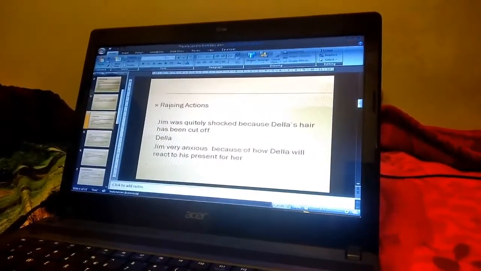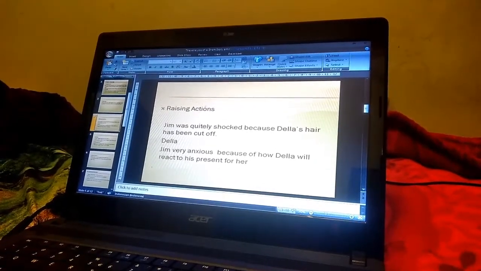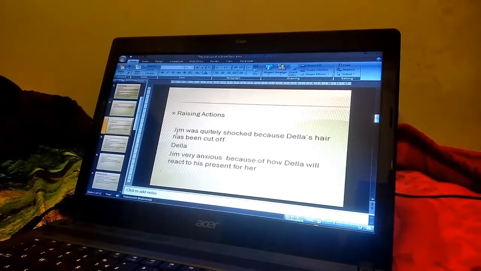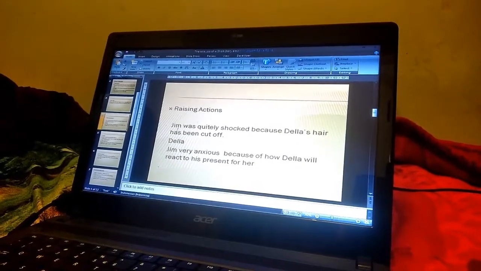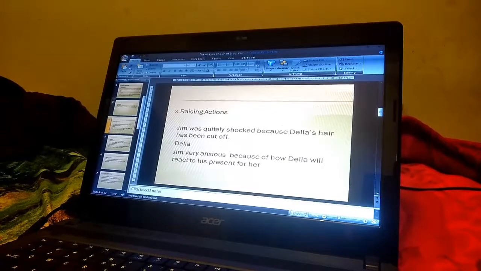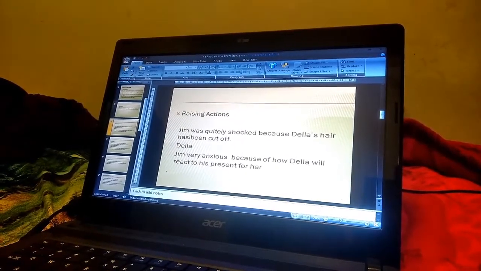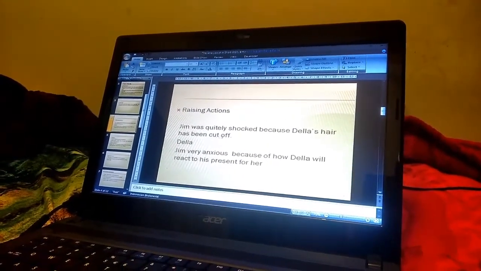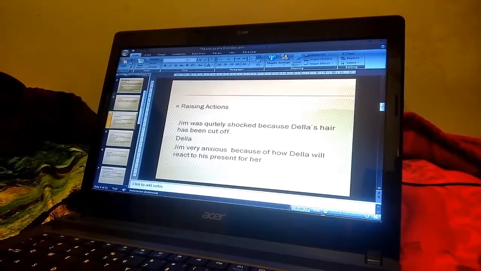Okay, and next, I'm going to talk about rising action. In the rising action, this story tells us that Jim was quietly shocked because Della's hair had been cut off. He is not angry about Della's hair being cut off, but only quietly shocked.